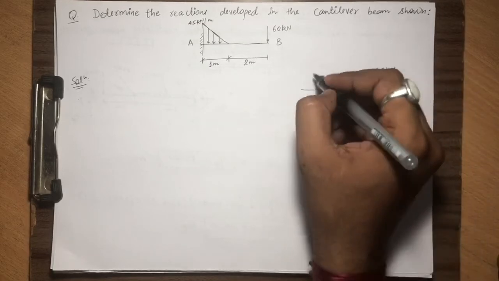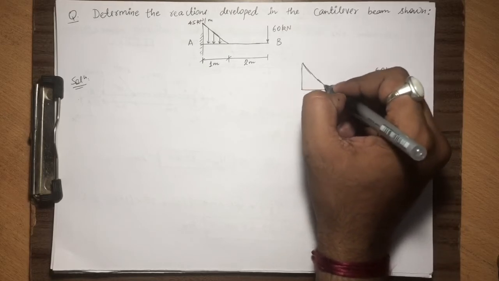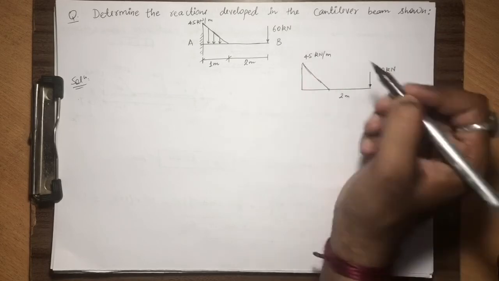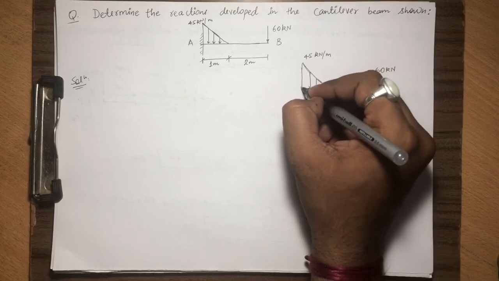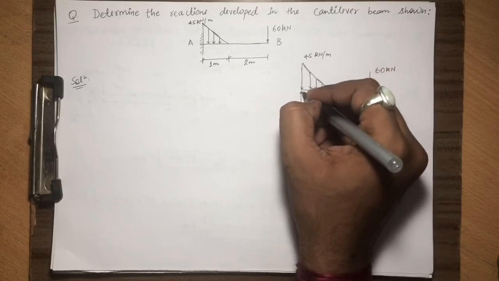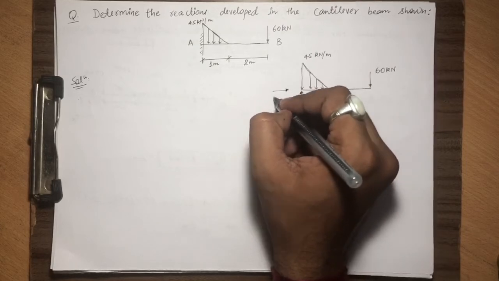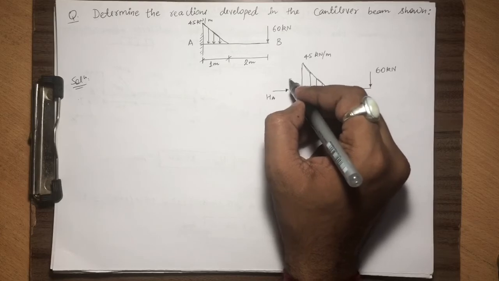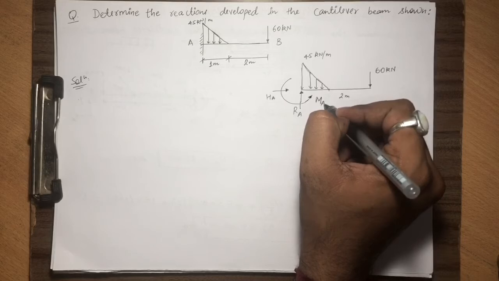This is 2 meter here, 45 kilonewton meter. Again this is a cantilever beam, so RA, HA and a moment MA.